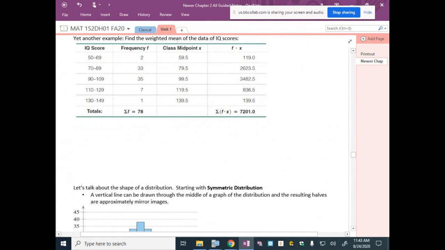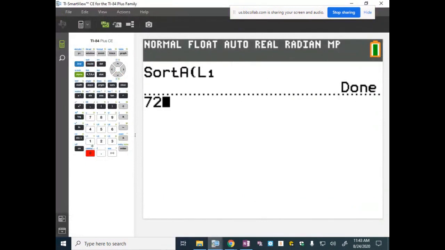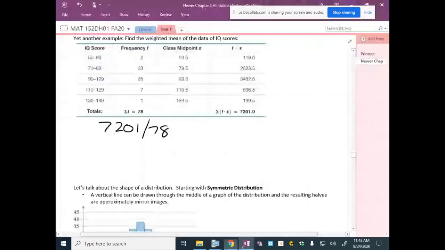So to figure out the weighted mean here, all you would have to do is take that 7,201 and divide it by 78. And you get 92.32. Not bad.